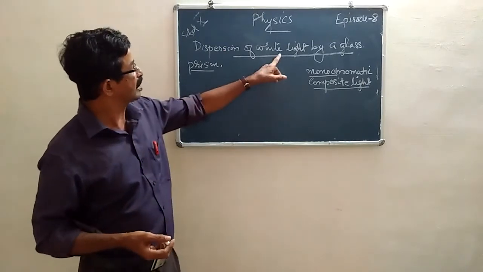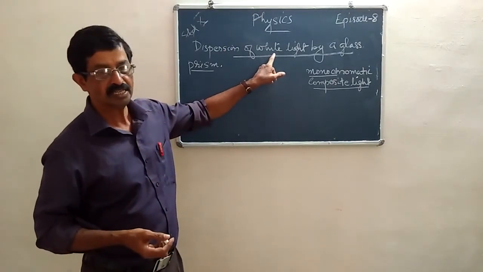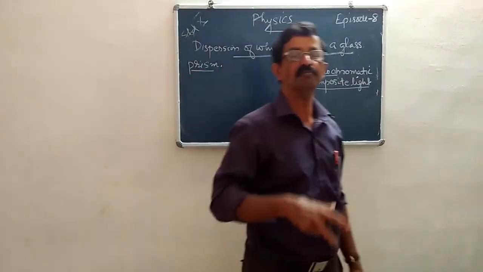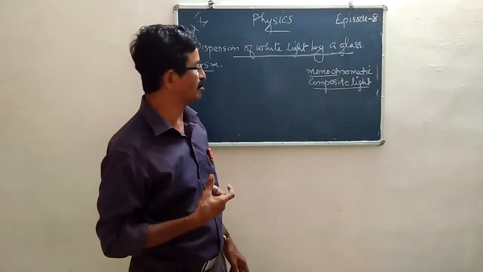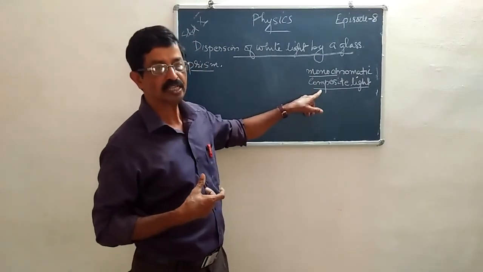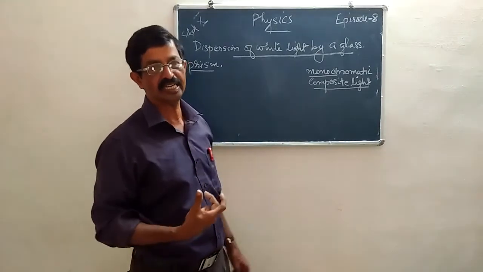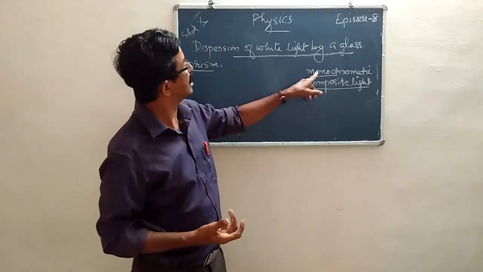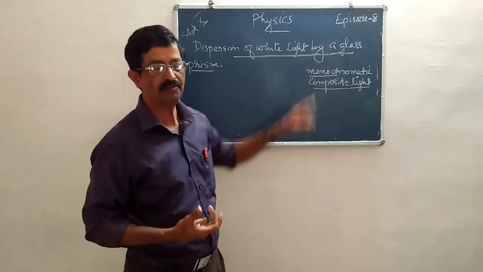White light is a composite light. Light from a mercury vapor lamp is another example. Light from a mercury lamp is a composite light because it consists of different colors and different wavelengths also. But for monochromatic light, take the sodium vapor lamp.